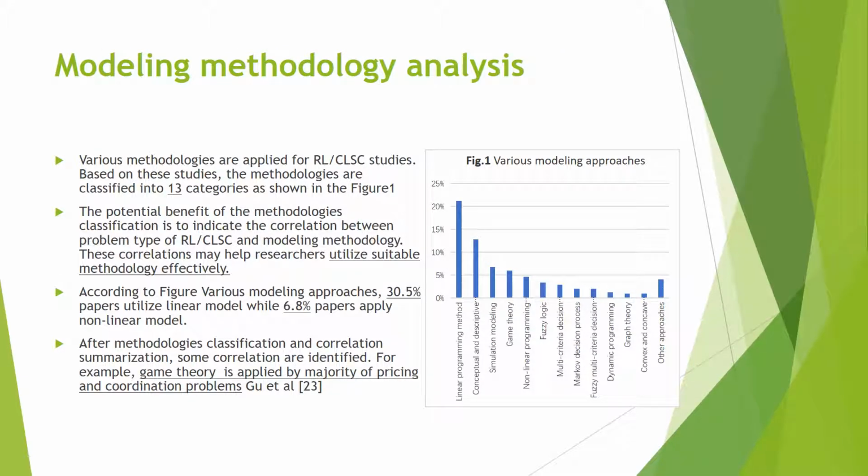Here, let me show you the modeling methodology analysis we have summarized. Actually, there are various methodologies applied for the reverse loop and closed loop supply chain studies. Based on these studies, the methodologies are classified into 13 categories, as shown in figure 1.